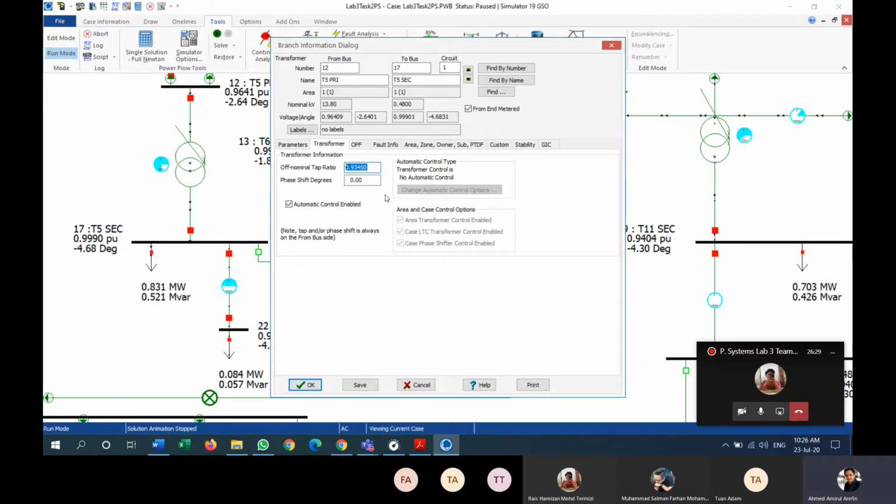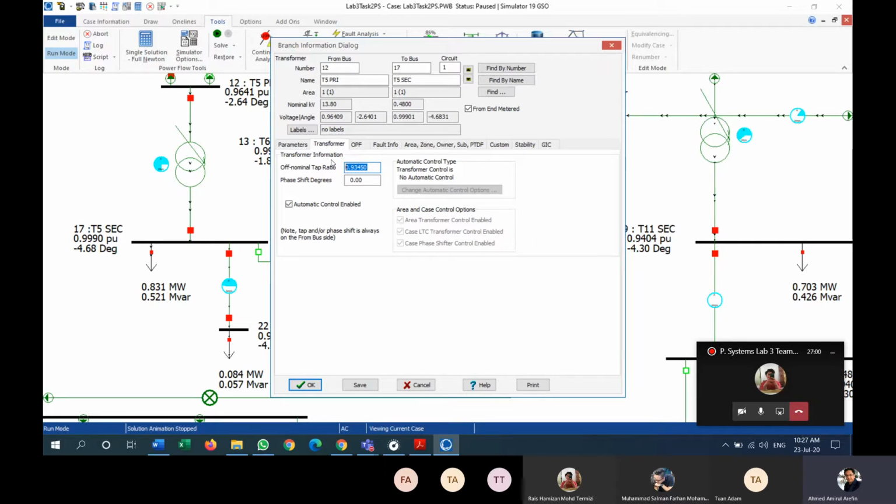Turns means the spiral wire, which is actually connected with the body of the transformer. Okay, so here, if you want to decrease one tap, or one turn, the value is 0.0625. So before that it was in full turn, which is 1.